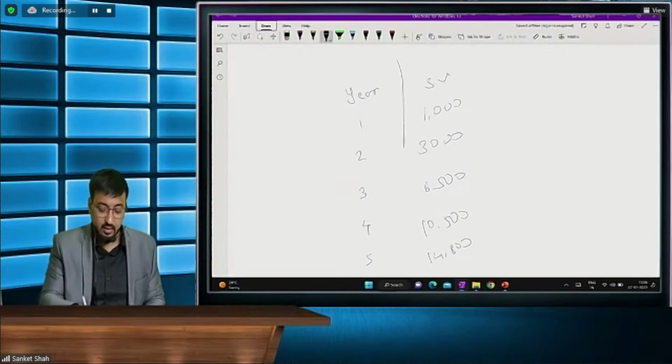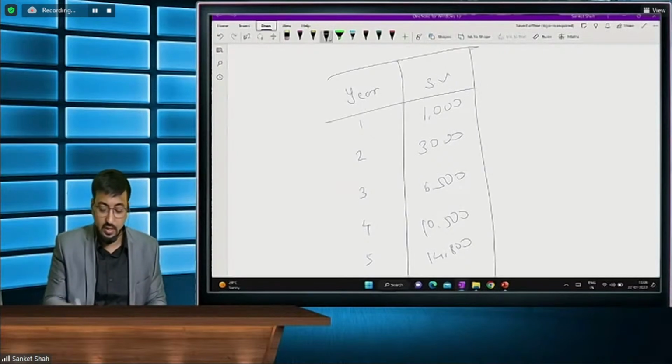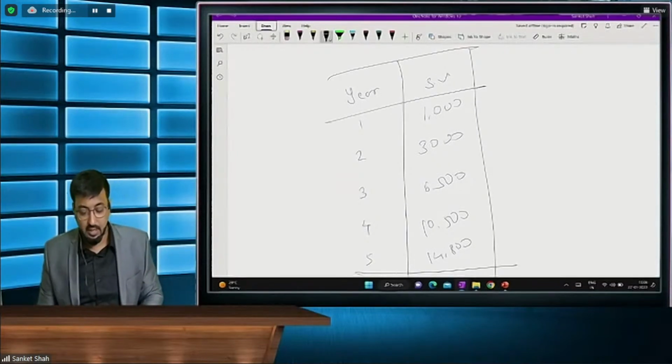These are surrender values. Policy amount 1 lakh and surrender values are given.